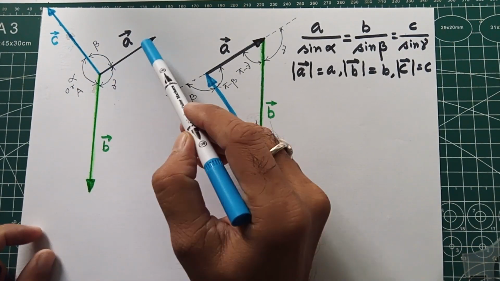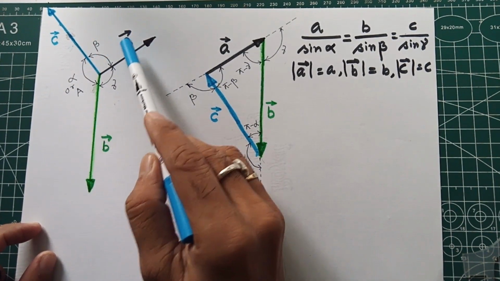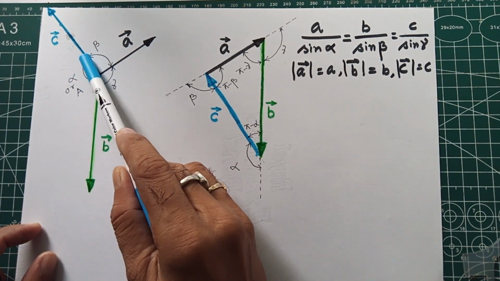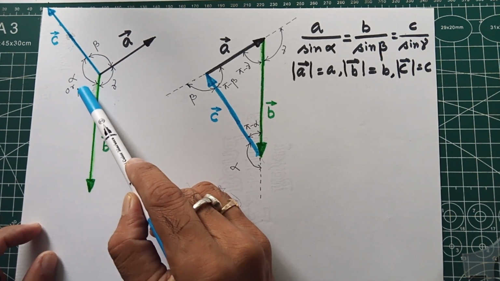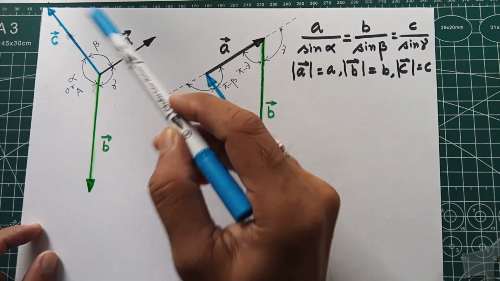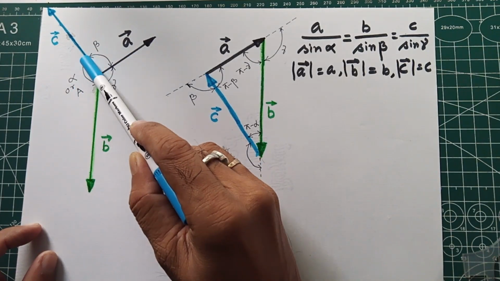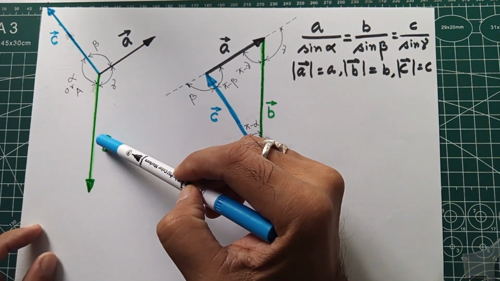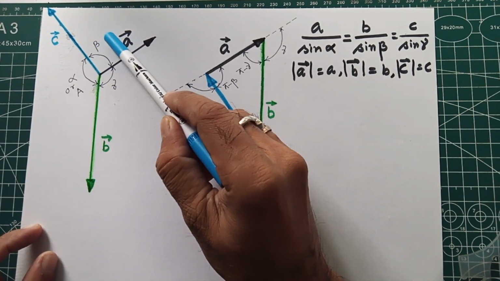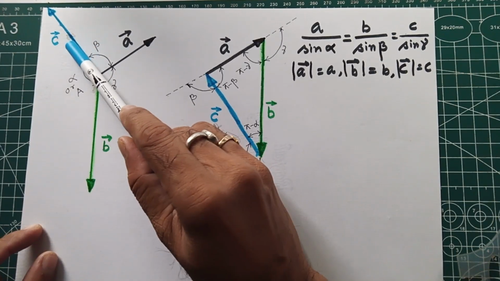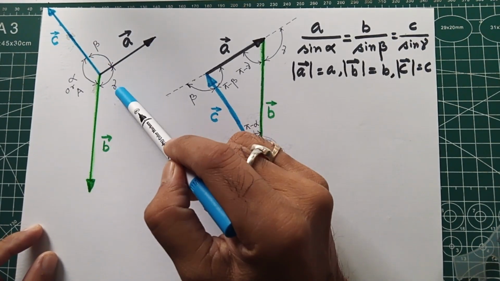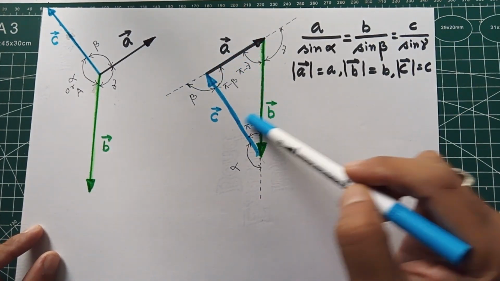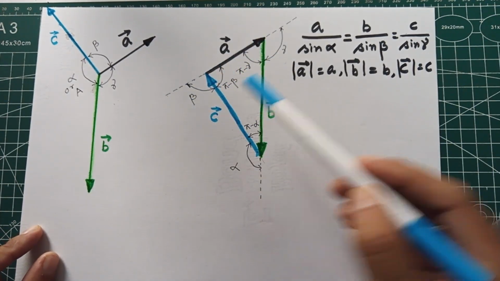Now here you see that the angle alpha is opposite to A. So this is alpha, or you can name this as capital A also. So this is vector A and the angle is alpha or capital A. Then opposite to vector B, it is beta or capital B, and then opposite to vector C, the angle is gamma or capital C. Next, if I draw those angles here also, then what is alpha?